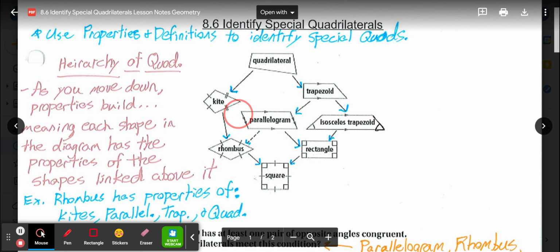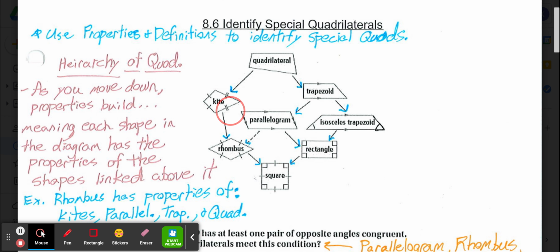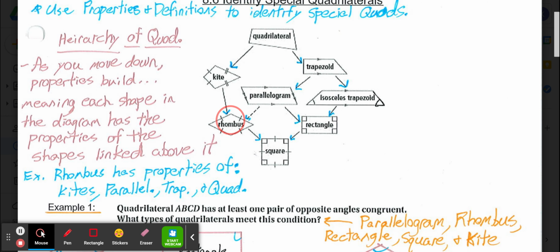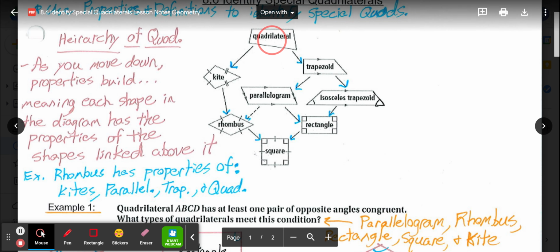A rectangle, though, does not link to a kite, so it would not have the properties of a kite. Another example of that would be a rhombus. A rhombus has the properties of a parallelogram, a kite, a trapezoid, and a quadrilateral.